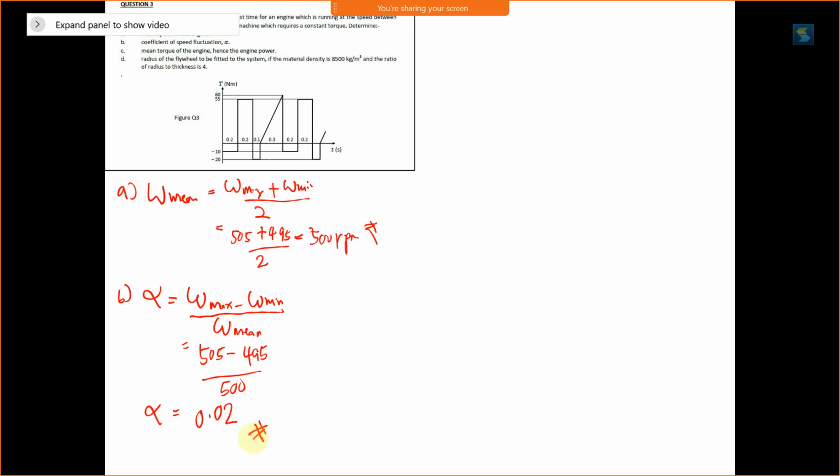Okay. And C, mean torque of the engine, hence the engine power. Mean torque means we have to do conservation of energy.